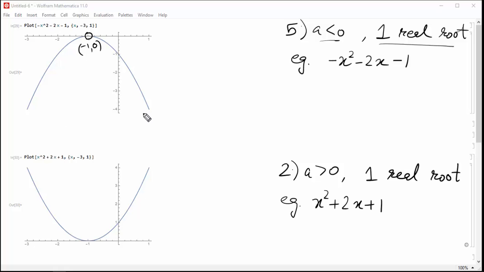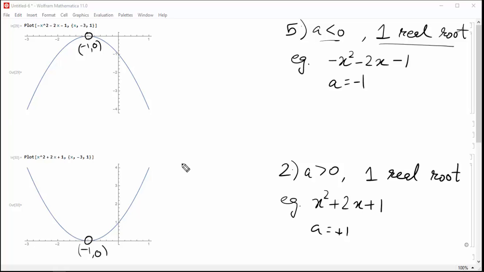The mirror image of this graph is the second graph which we saw earlier, which was x square plus 2x plus 1. Here also the root is minus 1 comma 0. Here also we see that the difference is the sign of a. Here a equals to plus 1 and here a equals to minus 1. Otherwise the graph is same.